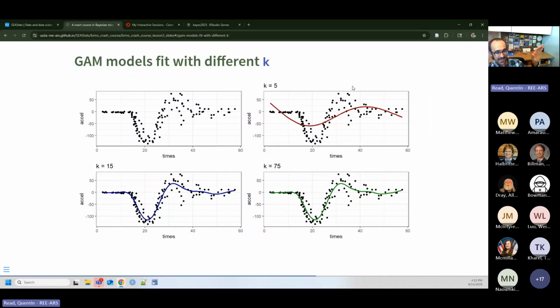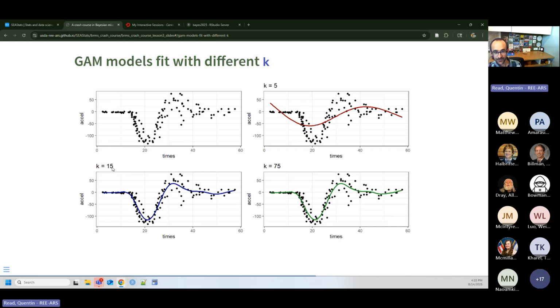Basically this GAM is trying to fit a combination of polynomials to the data, and this K number governs how many different polynomials are being added together to produce the final fit. If it's 5, this is as close as we can get. You can see it's not really a very good fit to the data.